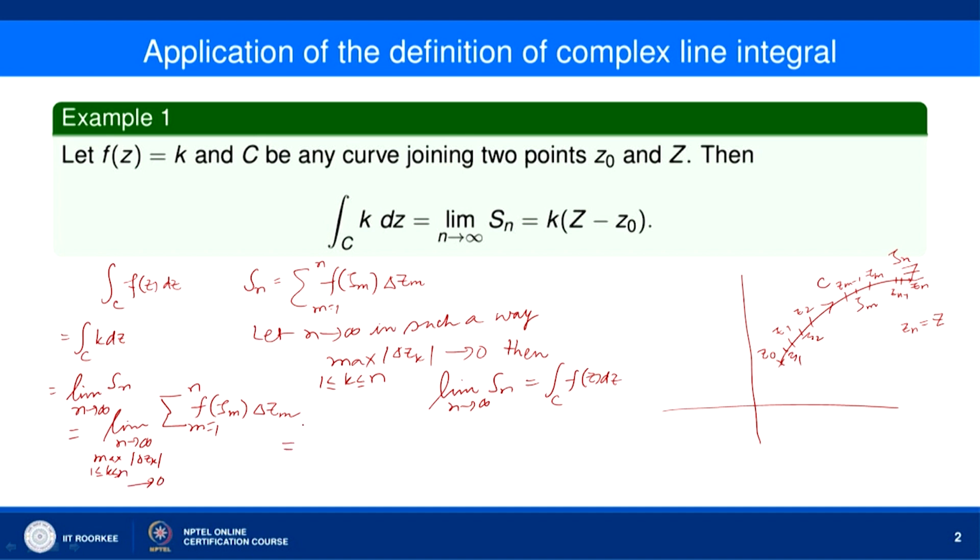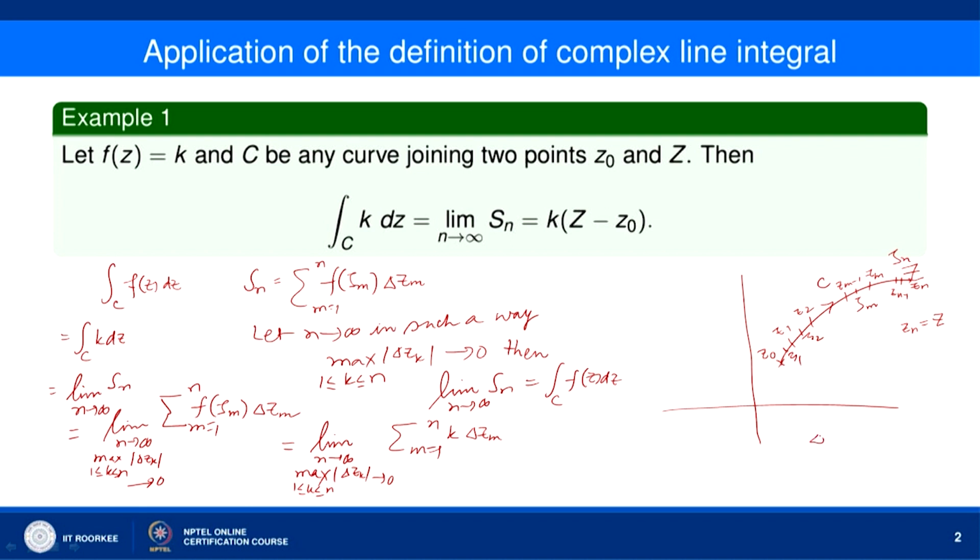Now, we are given f(z) equal to k for all z belonging to C. So, f(zeta m) is a point on the curve C, so f(zeta m) equal to k for all m equal to 1 to n. So, we shall have the limit as n tends to infinity, with the maximum of the mod of delta z k going to 0, of the sum from m equal to 1 to n of k delta z m.